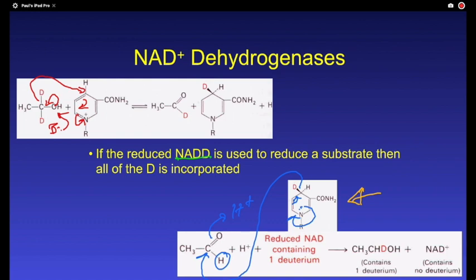And so whatever hydride comes into the NAD plus is the hydride that comes off. And that was just an interesting way in which that enzyme works.